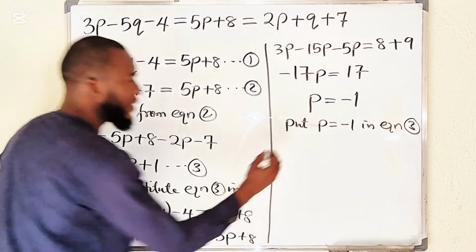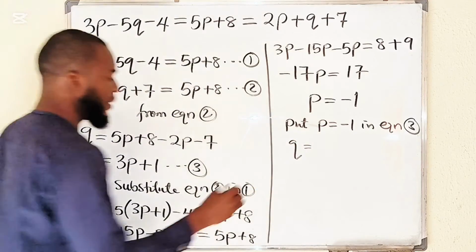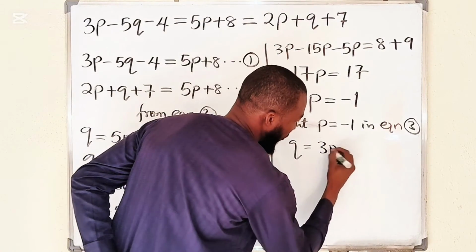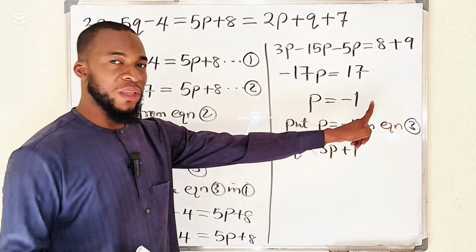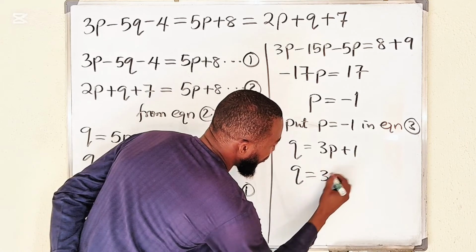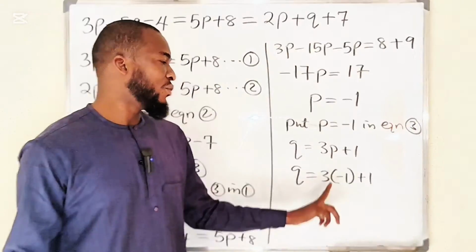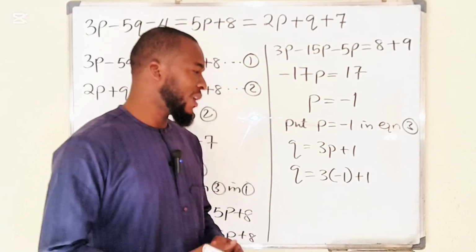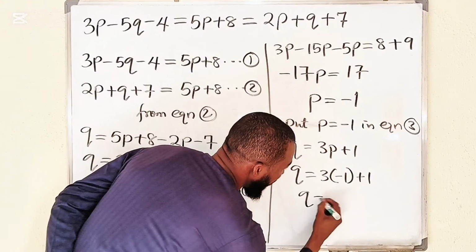Equation number 3 said q is equal to 3p plus 1. So wherever we have p, we are going to replace it with negative 1. Therefore, q is equal to 3 multiplied by negative 1 plus 1. 3 times negative 1 is negative 3, and negative 3 plus 1 is negative 2, and hence q is negative 2.